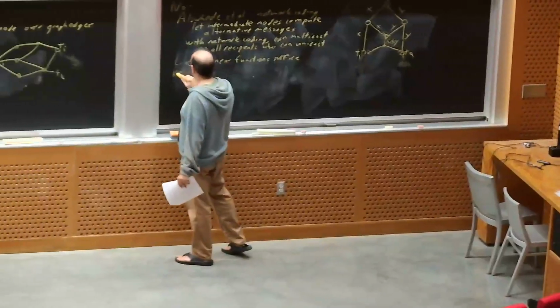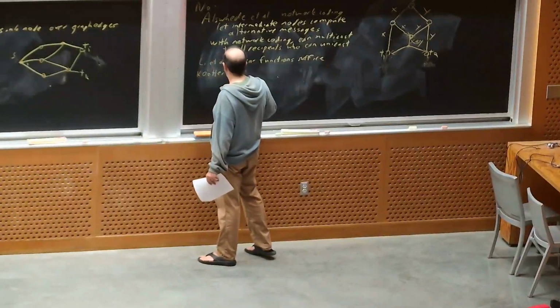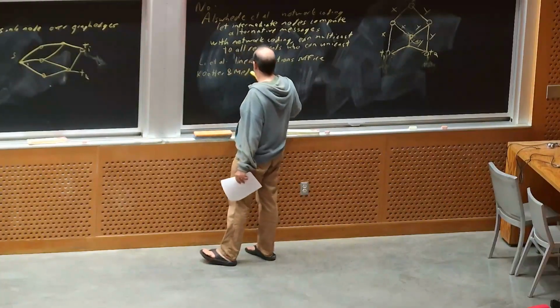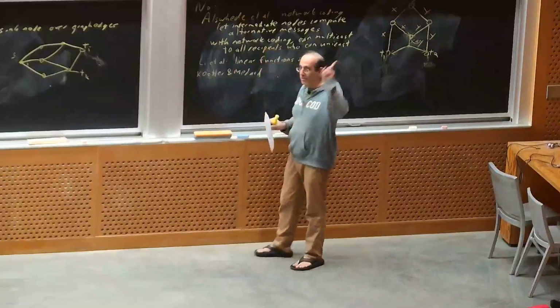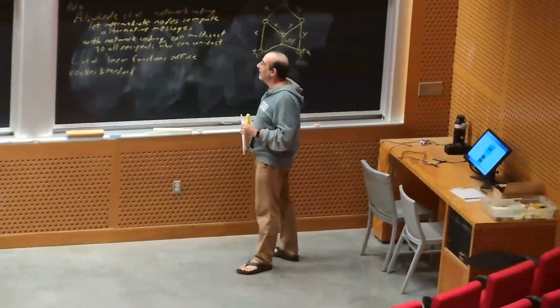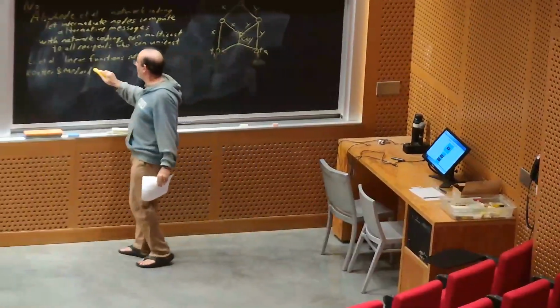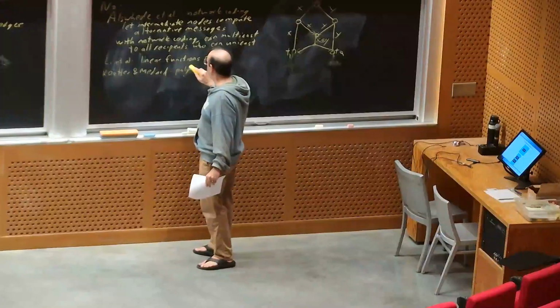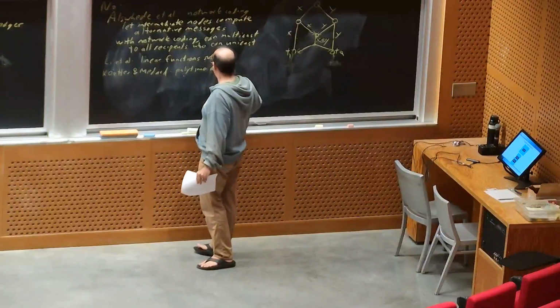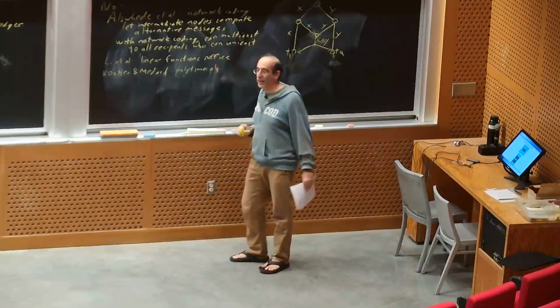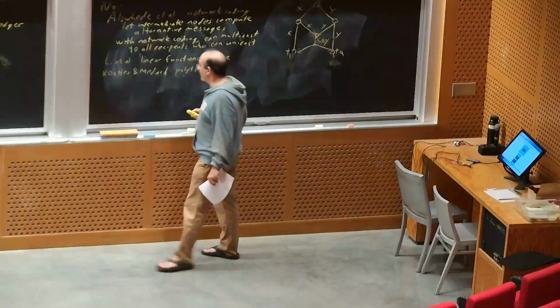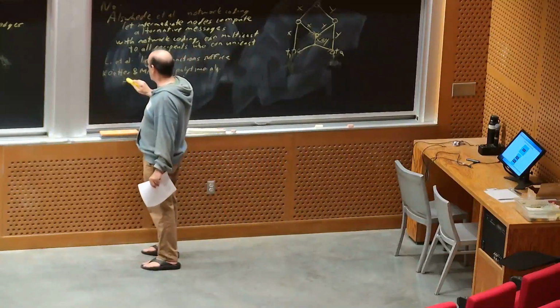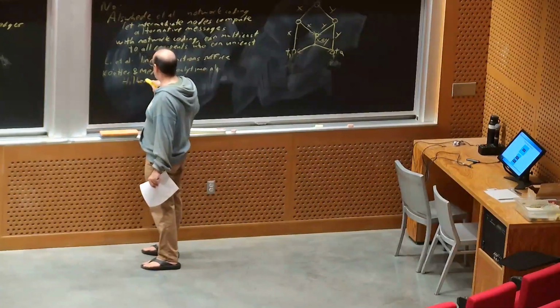Ralf Koetter and Muriel Médard, who works in Building 36, gave the first polynomial time algorithm. And this is the first computer science paper I've seen that mentions Hilbert's Nullstellensatz.